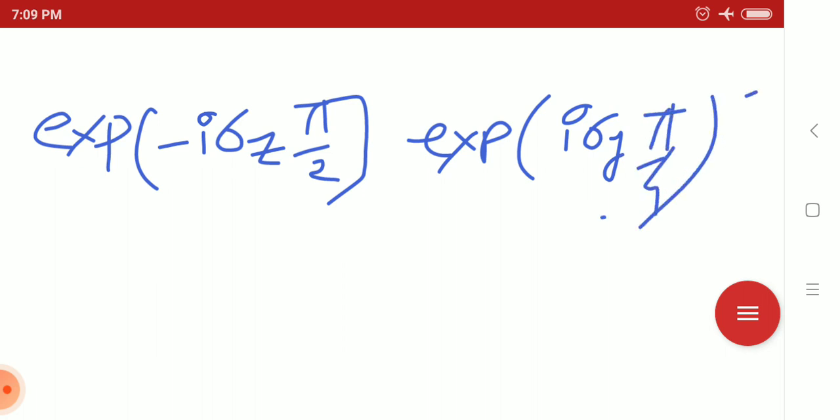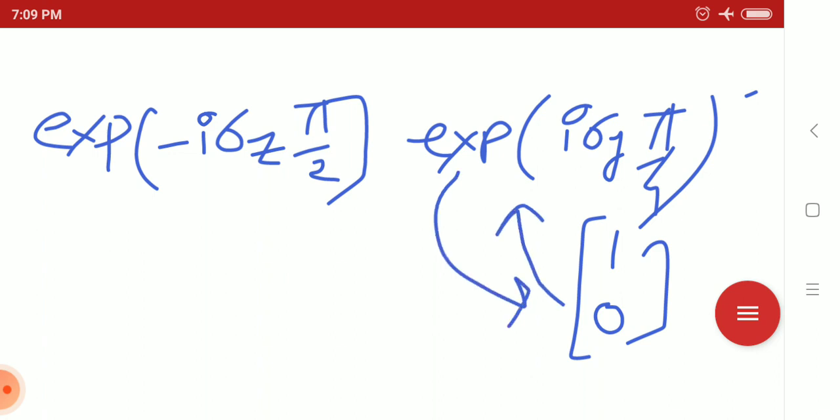Operate it on 1, 0. Now we will do that operation from the right hand side. First the right one will operate on it, after that the left one will operate.